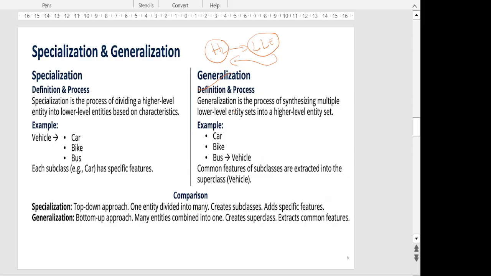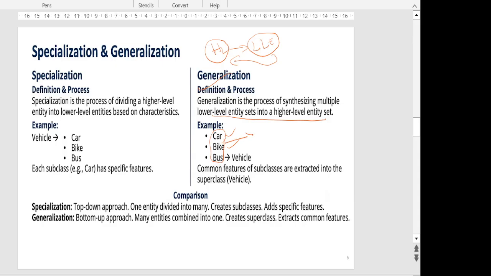Generalization is a process of synthesizing multiple lower level entities into a single higher level entity. It is the exact opposite, right? That is the major difference between specialization and generalization. We can see one example: car, bike, bus. These are the specialized entities.